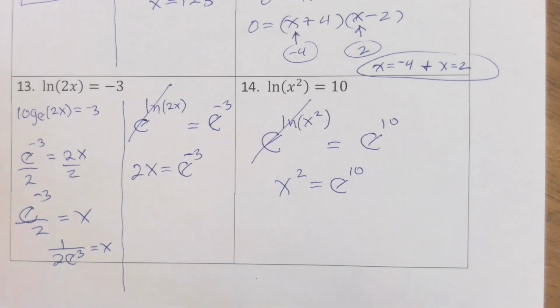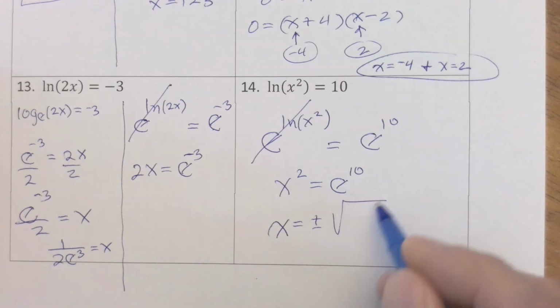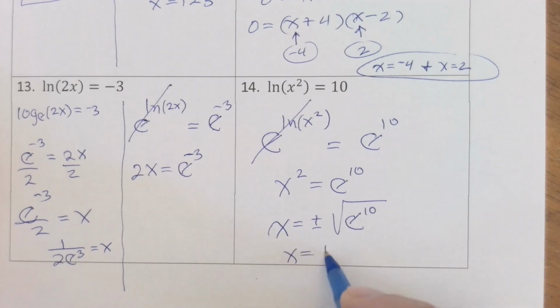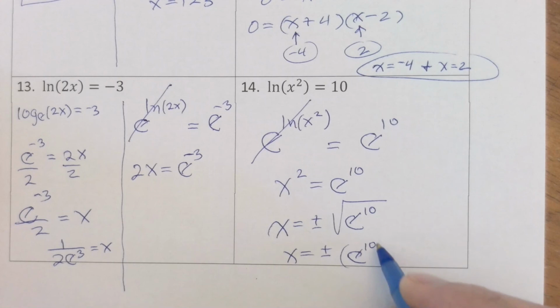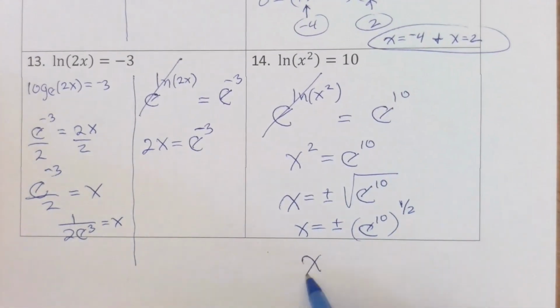Take the square root of both sides, and you get x equals plus or minus the square root of e to the 10th. But the square root of e to the 10th is the half power of e to the 10th, which is just e to the 5th. So my best answer for this one is x equals plus or minus e to the 5th. And of course, that's two answers written to look like one.